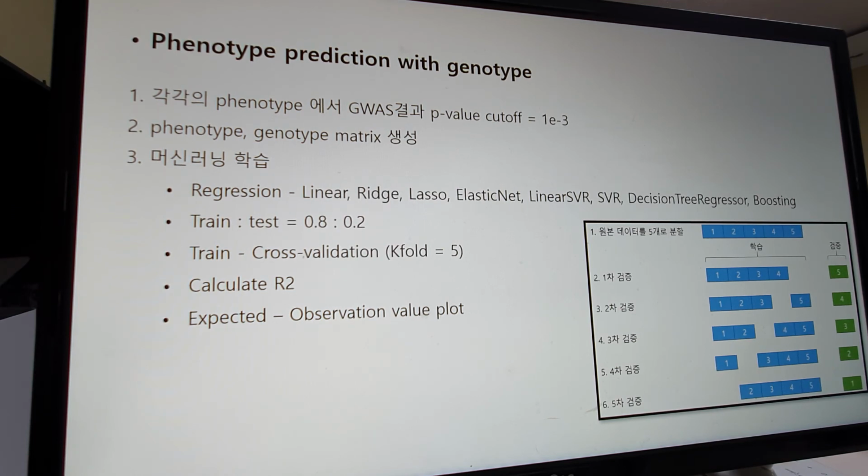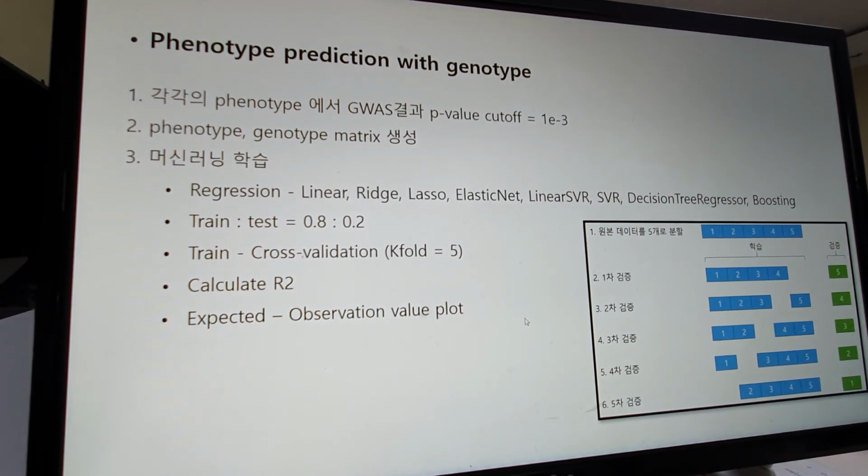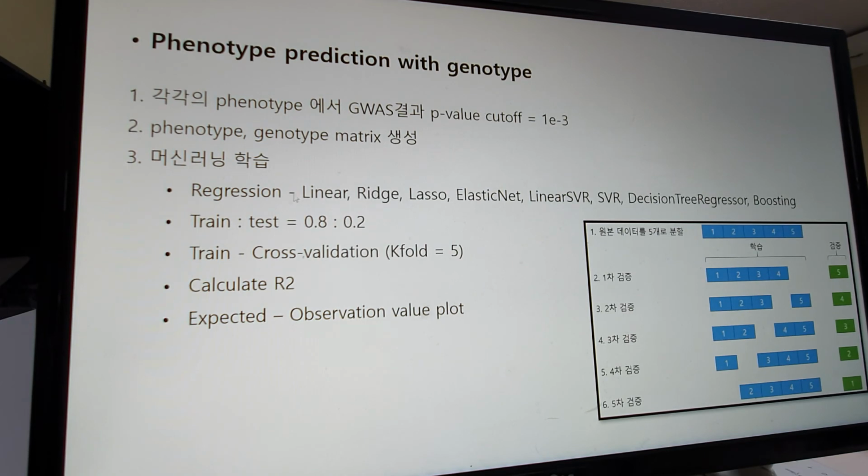To assess this model, we first selected markers by some method, and then we did machine learning. Most of this is linear continuous numerical data, so we use regression. For this part we use linear, lasso, elastic net, and decision tree.